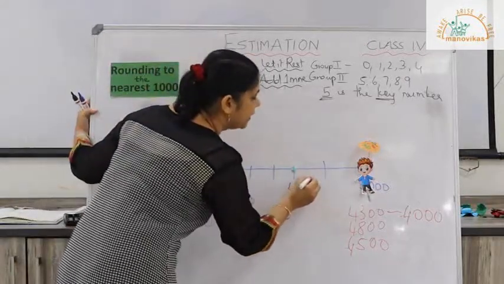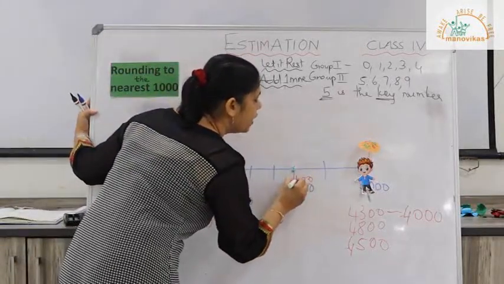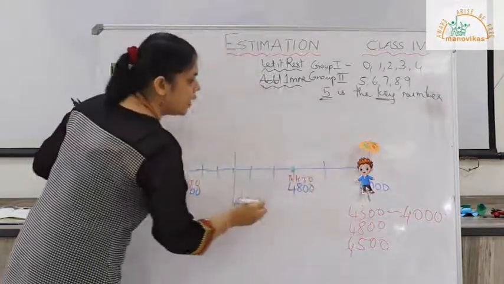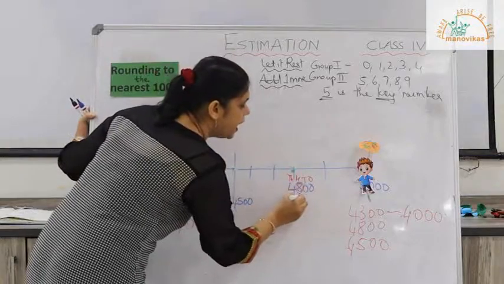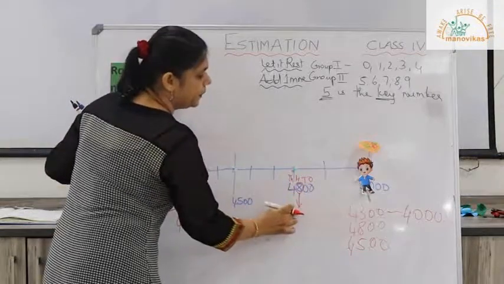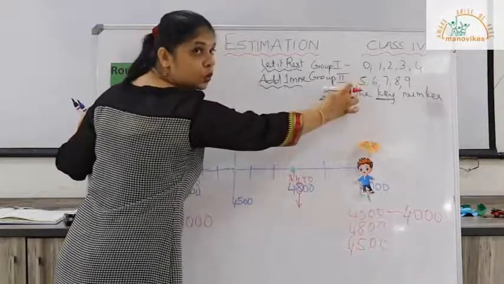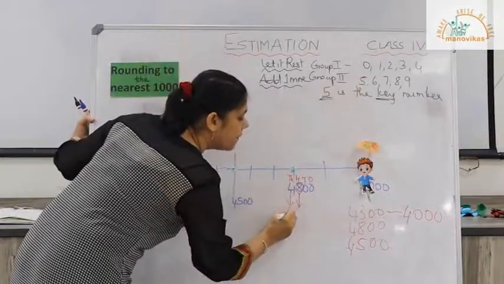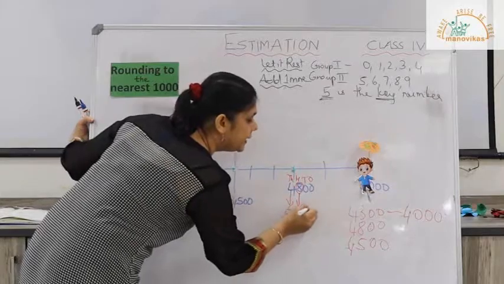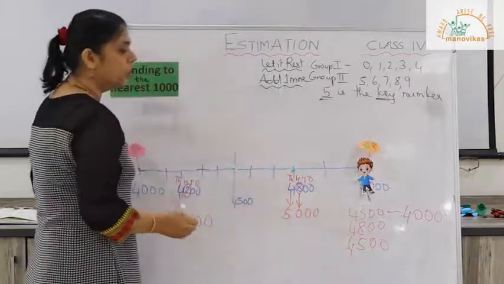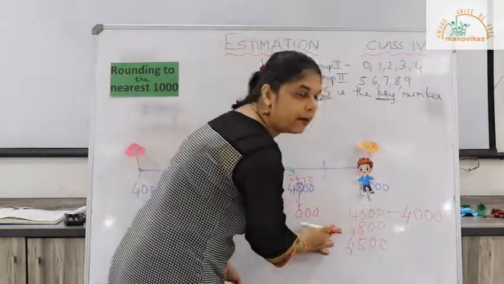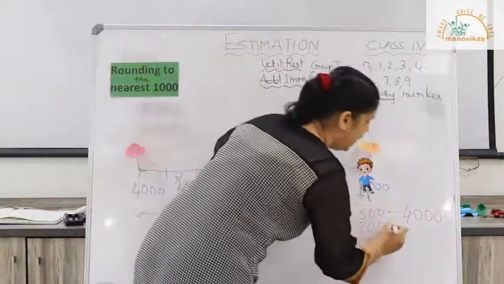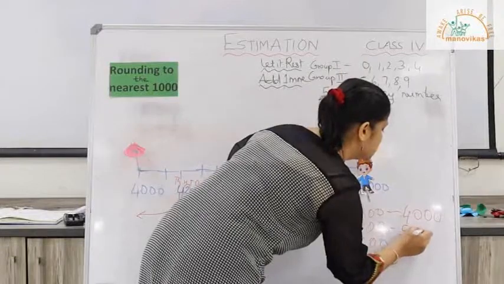Now again here I had to round up 4800 to the nearest thousand. So I will check the digit in the hundreds place. That belongs to group 2, right? So when it belongs to group 2, 4 will become 5 and the other digits will be 0. So 4800 rounded up to the nearest thousand will be 5000.